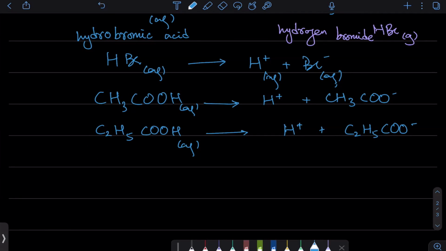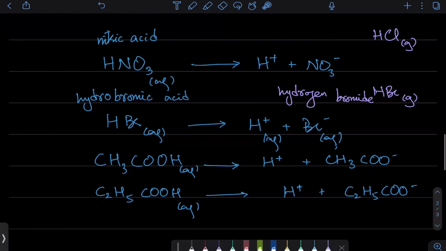Now, here's the thing. When I add HNO3 to water, if I add 1,000 molecules of this, all of them will break down and give me 1,000 of this, 1,000 of this. If I take 1,000 of this, all of them will break down and they'll give me 1,000, 1,000.